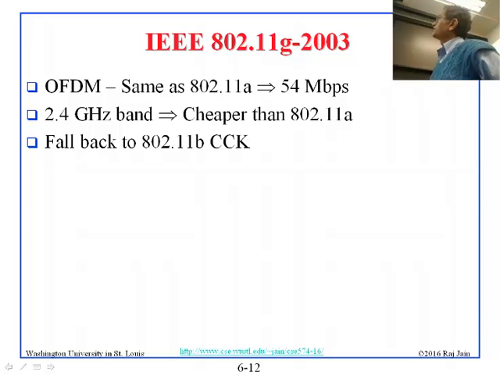The advantage of 2.4 gigahertz was that now you can go back to the old devices and talk to them using CCK, the complementary code keying, whatever that is. So B and G are more compatible than B and A. A will have to switch the band. B will not have to switch the band.